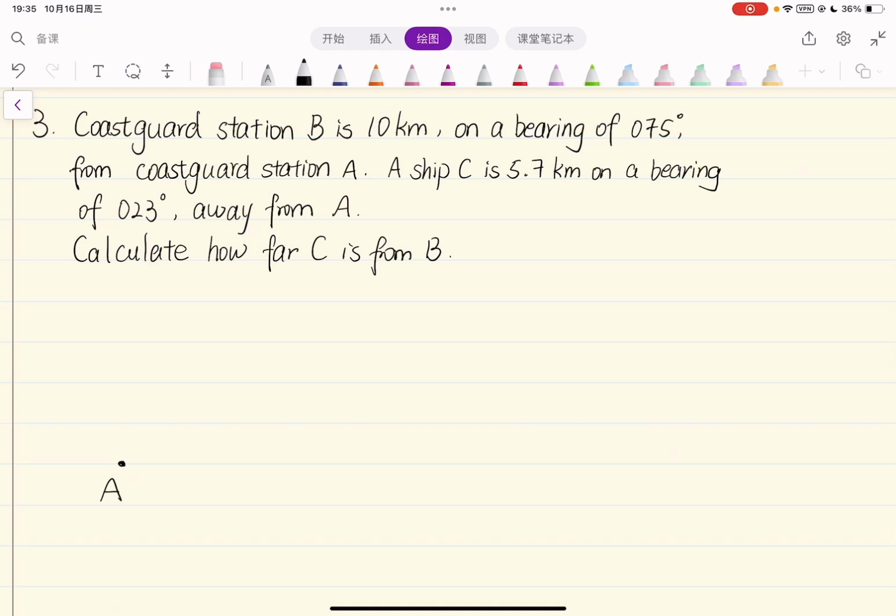So start from the north, 075. Let's say this is 75 degree. There is a station B, and then it has a length 10 km.